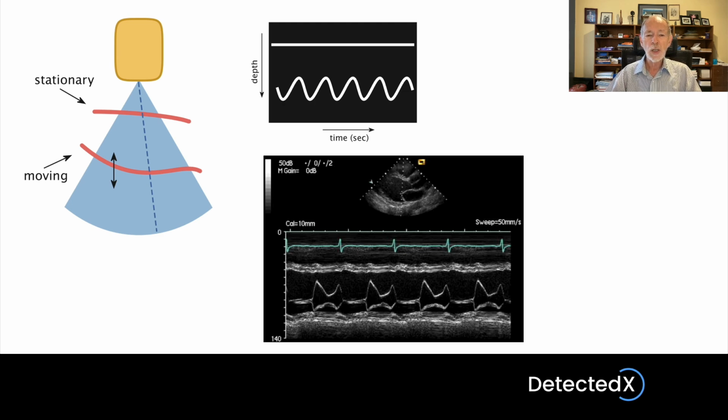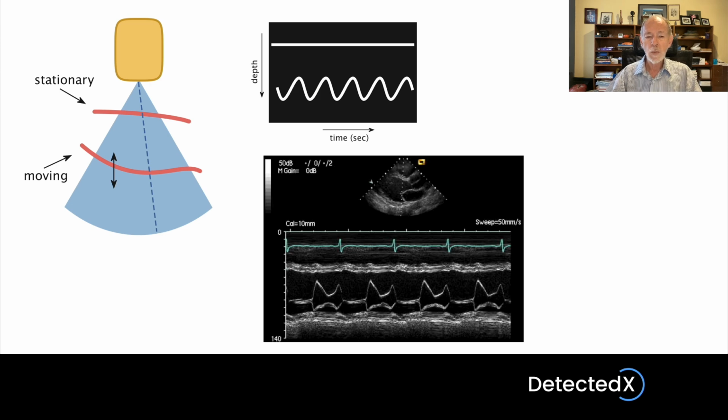The image is displayed in the normal way, in that depth down the screen, going from the middle of the screen down to the bottom, is increasing depth into the tissues, but the horizontal axis is a time axis. So we will get a display of how the various tissues which happen to intersect this particular beam will be moving with time.